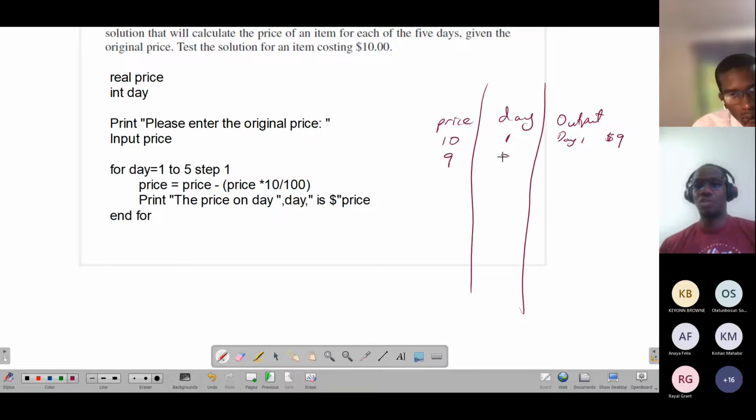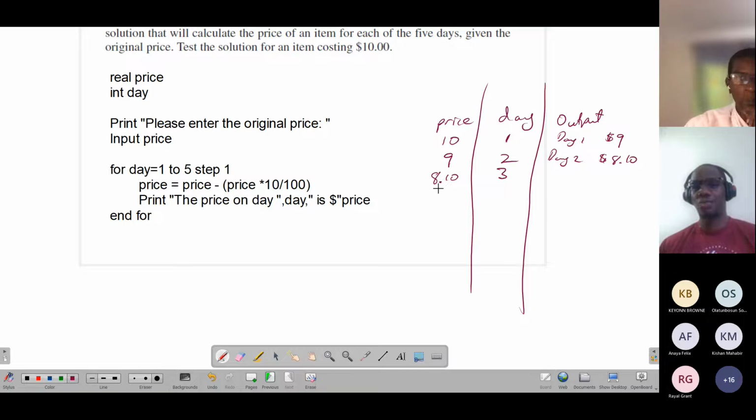Then we move up to day 2. Then price is $9 multiplied by 10%, that's 90 cents. So the value of price is now $8.10. So we print out day 2, $8.10. And then day goes up to 3.